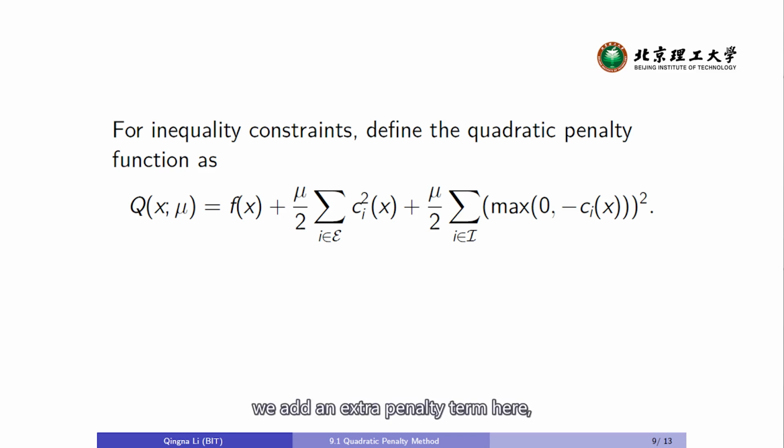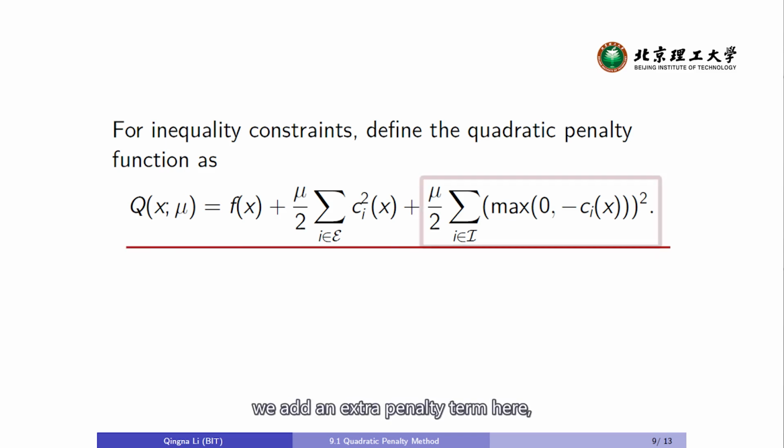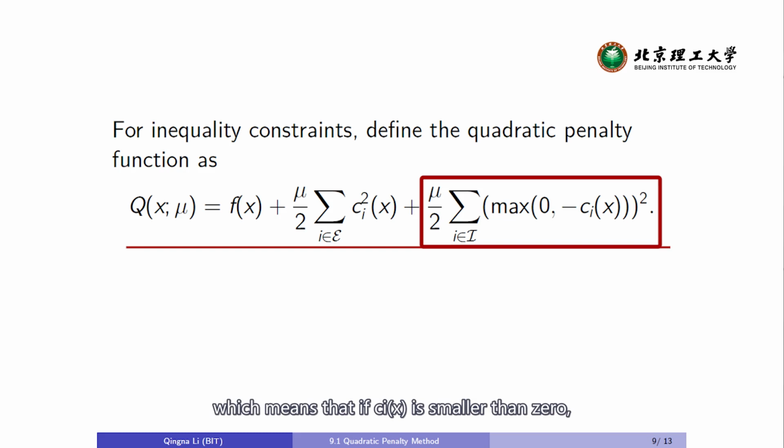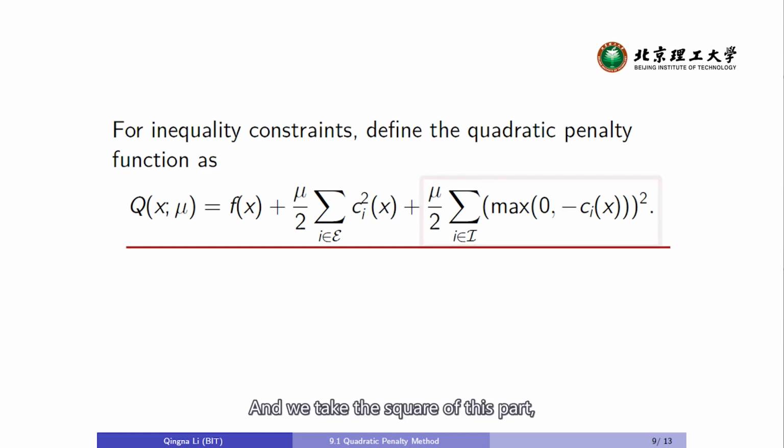Therefore, we add an extra penalty term: if c_i(x) is smaller than 0, we take the max of 0 and minus c_i(x), which gives a positive part. We take the square of this part, and this makes the quadratic penalty term for the inequality constraint case.